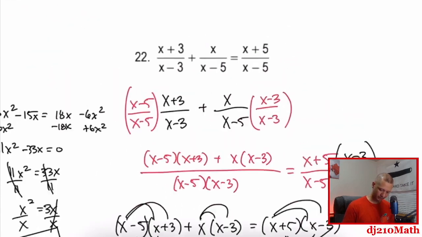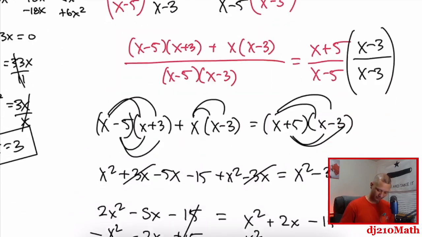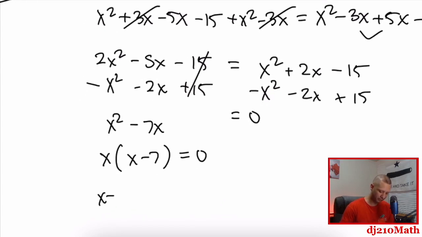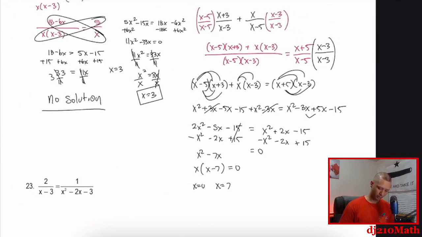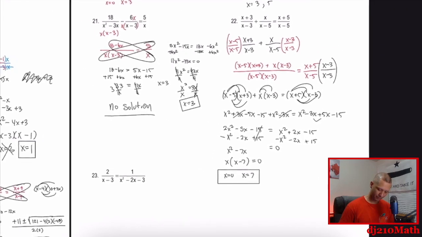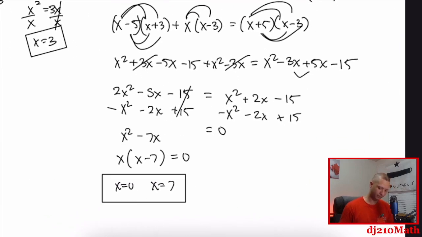So I guess starting off, x can't be 3 or 5. So this is going to be, I can factor out an x: x times x minus 7 equals 0. So either x is 0 or x is equal to 7. What were our two numbers? 3 and 5. So I'll stand by these two. 0 and 7.